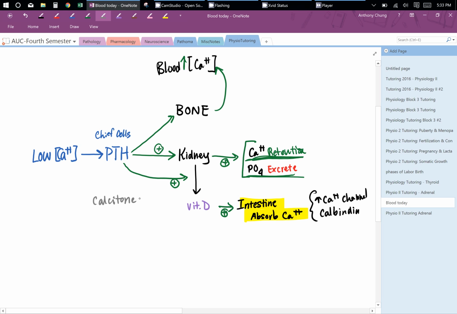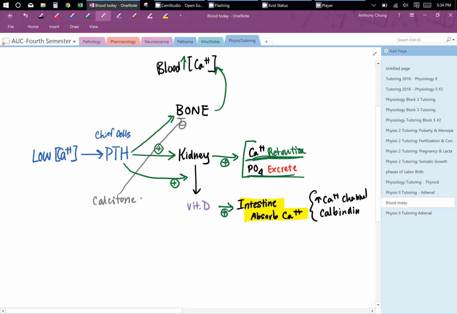You don't normally have that much calcitonin. So physiologically, it doesn't really do too much. The only place that it is used is to treat osteoporosis. So if you give a lot, it does have some effect. So calcitonin, what it would do is it would do the opposite here.